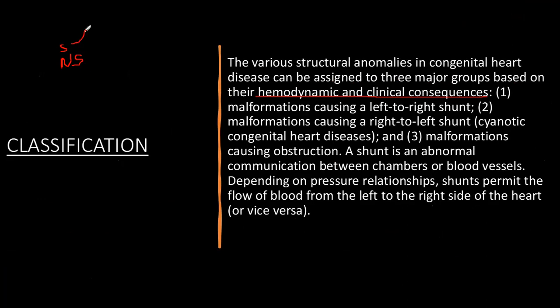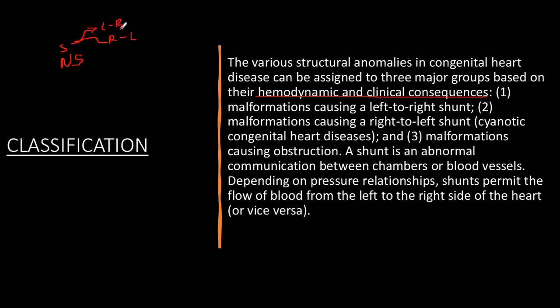Then, under the shunt anomalies, they can be either left to right shunt anomalies, or right to left shunt anomalies. Now, when I say right, I mean deoxygenated bloodstream. And when I say left, I mean oxygenated bloodstream.